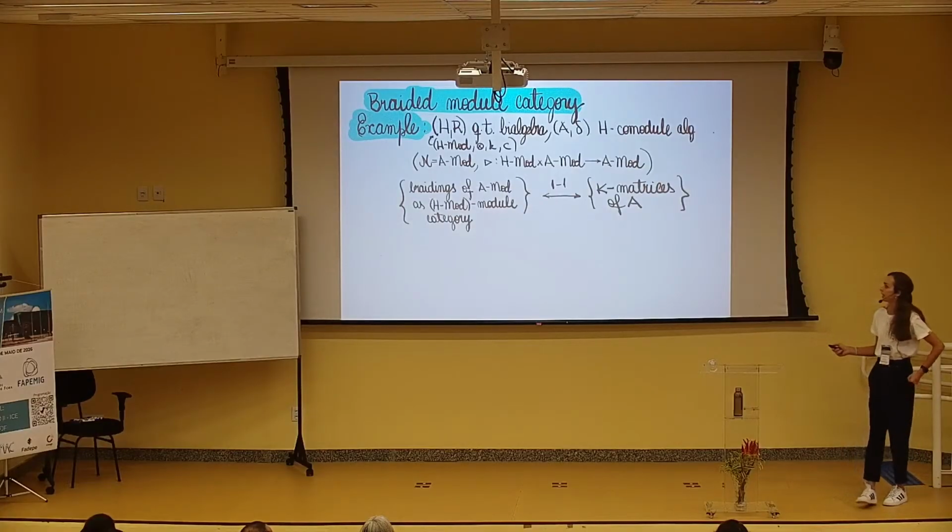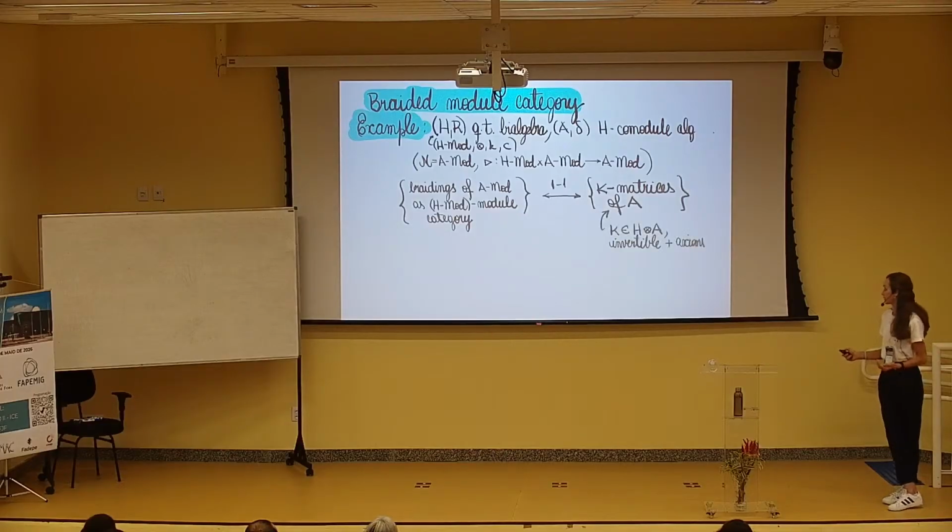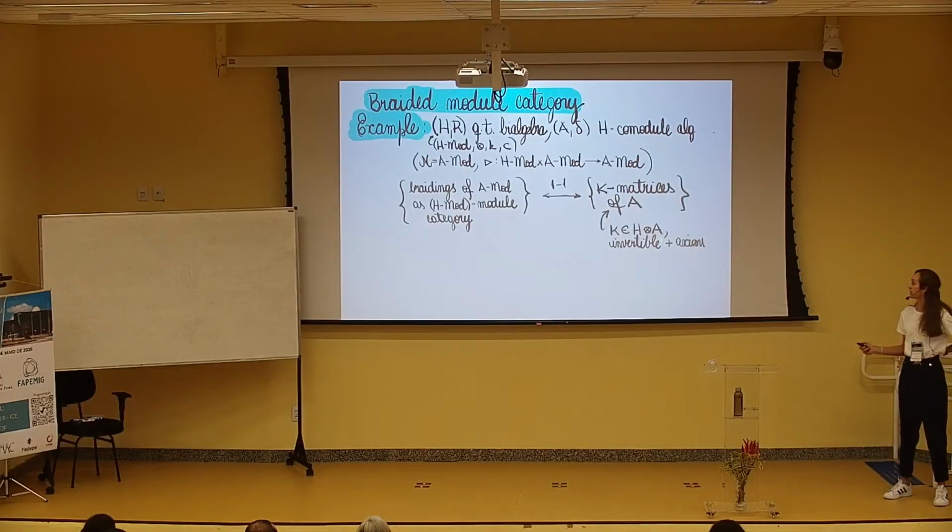It can be proved, this is in Chelsea's work but it was already known, that braidings of A-mod as an H-mod module category are in correspondence with K matrices of A. So what are these K matrices? These are elements that live in H tensor A. They also are invertible, and some axioms should hold to have the correspondence.